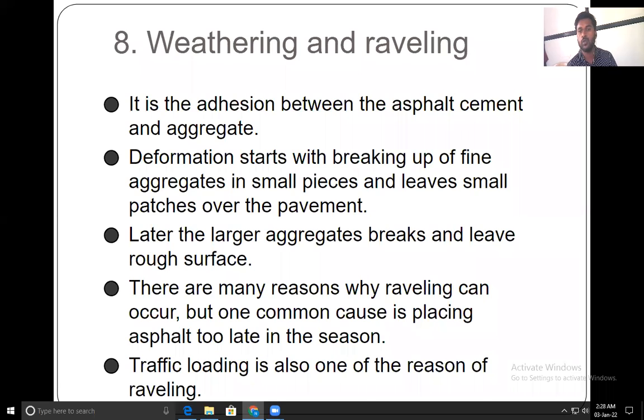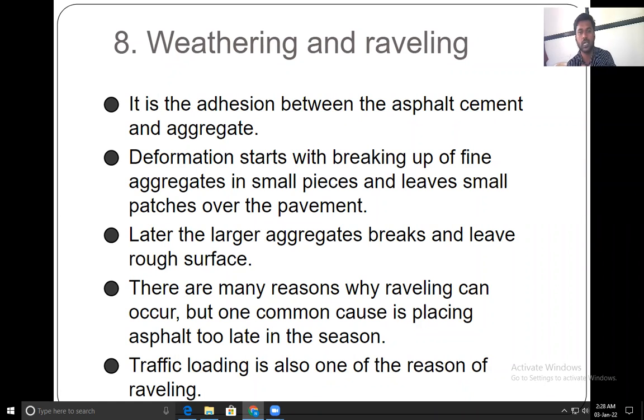It is the adhesion between the asphalt cement and the aggregate on the surface layer. Suppose the bond between the asphalt and the aggregate gets loosened, then some material will get out from that area, and due to that such cracks are produced.